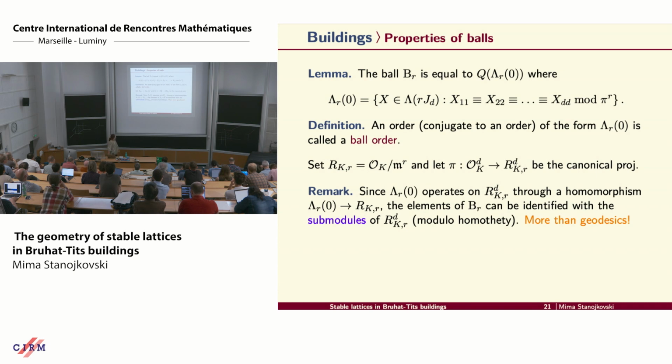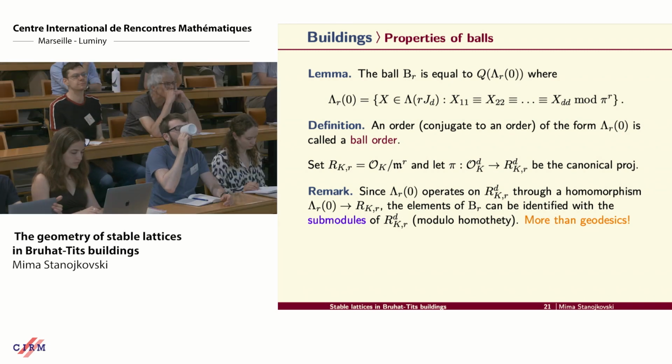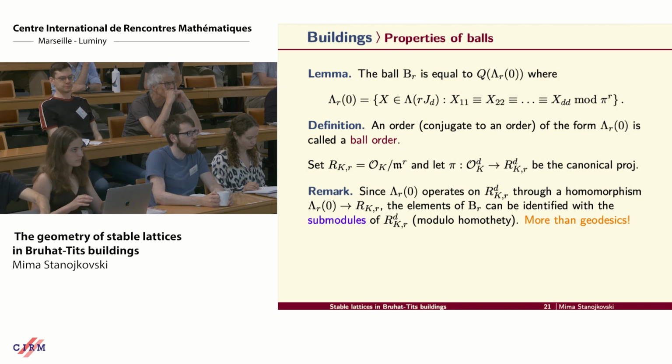A nice thing is that we can interpret these collections of stable lattices in terms of submodules of the following module over the truncated ring. So we take O_K modulo a power of m to the r, and we can also take the corresponding quotient of the standard lattice.